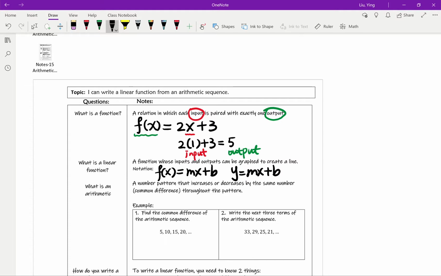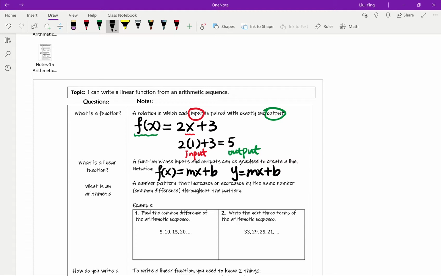A similar number pattern is called an arithmetic sequence because it increases or decreases by the same number, called a common difference, throughout the pattern, and that gives us a similar graph, which is a line.